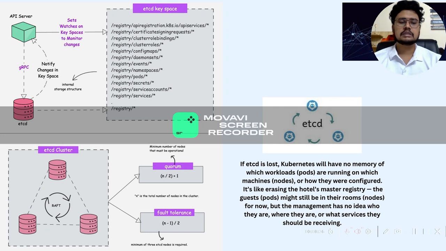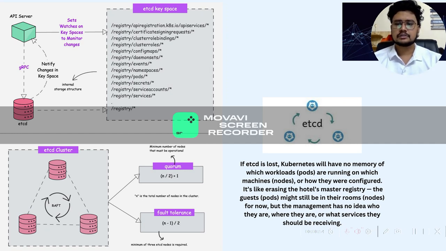So that's the main key factor of etcd. etcd is needed for the functionality of Kubernetes, because every detail is stored there, so we have to get the details from there and make sure functionality is running properly.